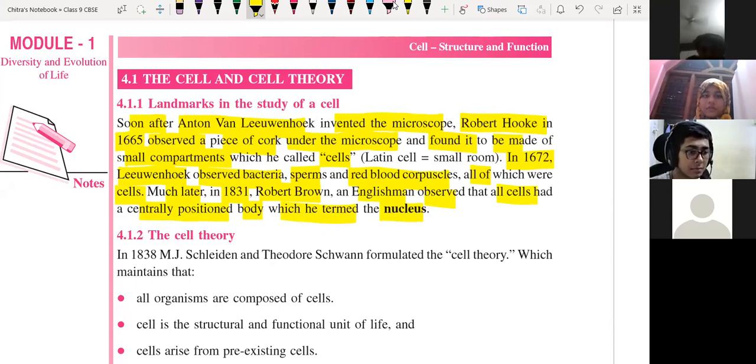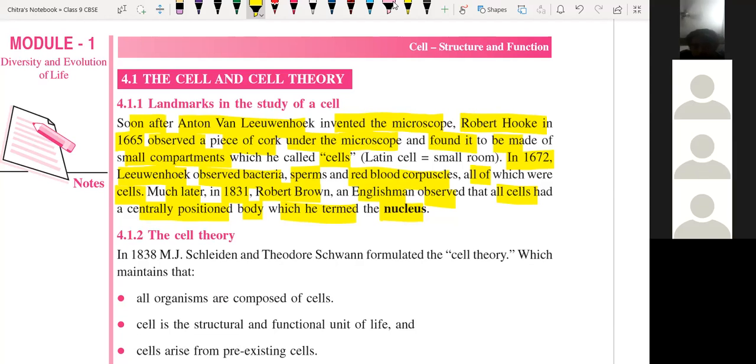We know the nucleus is called the brain or the headquarters of the cell, because whatever functions are performed inside the cell are controlled by the nucleus. The nucleus synthesizes the proteins required for the proper functioning of the cell and ultimately for the body also. That's why the nucleus is called the brain of the cell.